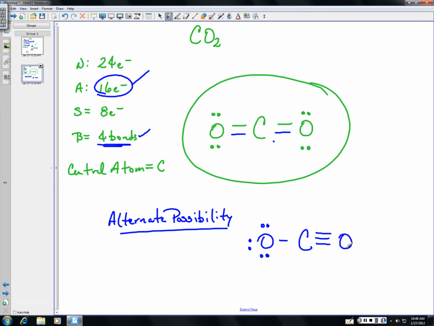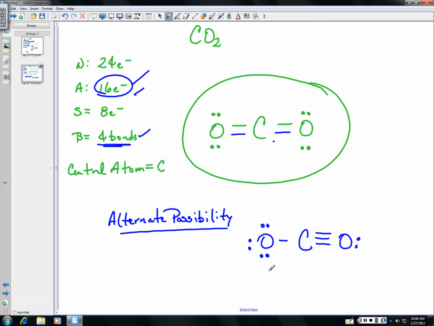All right. This oxygen has what? 2, 4, 6. It already has 6 in that triple bond. That's what a triple bond looks like. So it only needs 2 more to get 8. And then I'll do my count. 2, 4, 6, 8, 10, 12, 14, 16. So I've again assigned 16 electrons. Everybody has 8.